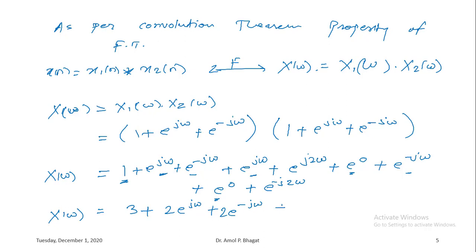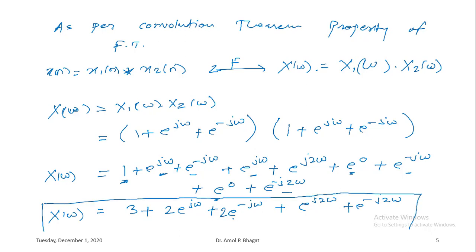And finally the remaining term, that is e to the power j2 omega plus e to the power minus j2 omega, okay? So this is what the multiplication is, right?